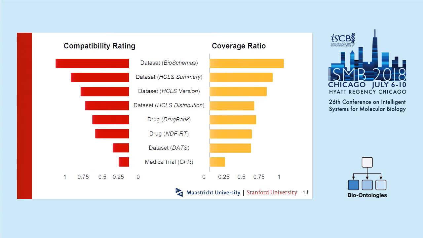As you can see, there's a low number for the compatibility rating, but it's relatively high in the coverage ratio. The interpretation is that it covers almost half of the DATS model, but apparently there are many value type mismatches, and therefore it's not really well compatible.